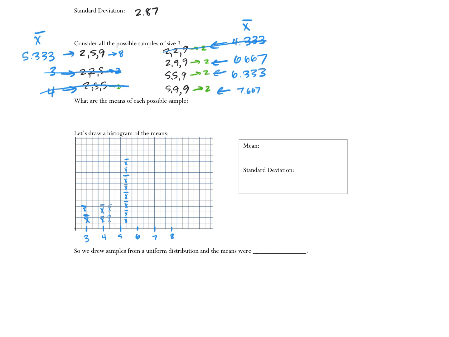And then the next one is 6.33. There's 2 ways. 6.67. 2 ways. 7.67. 2 ways.